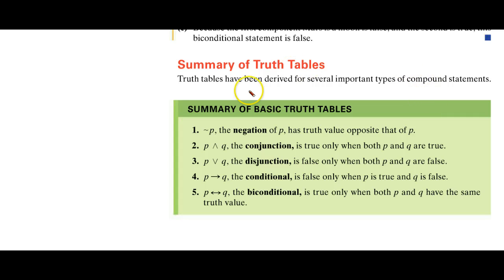Now, we've come a long way looking at lots of truth tables. Here is a tremendous summary of them.